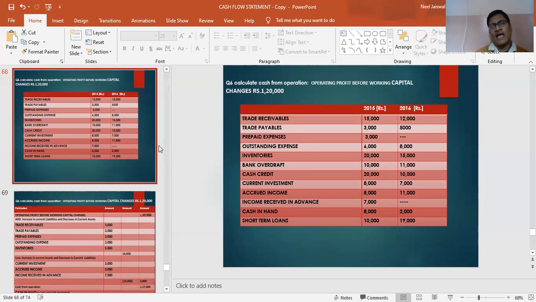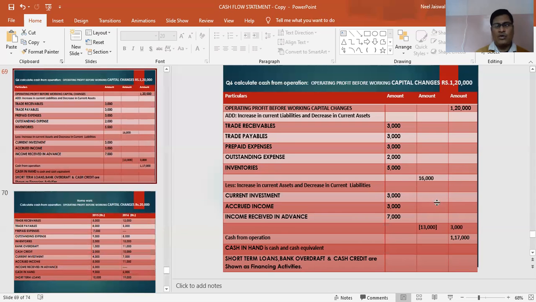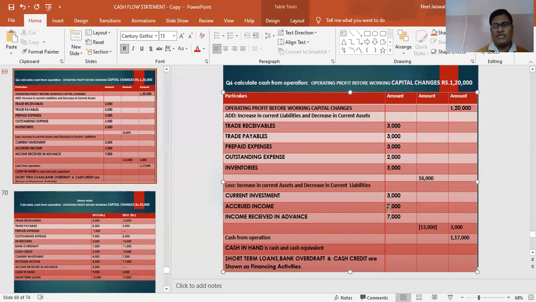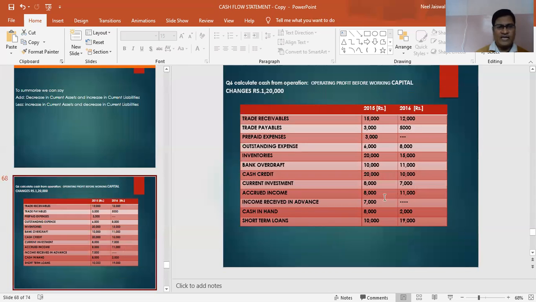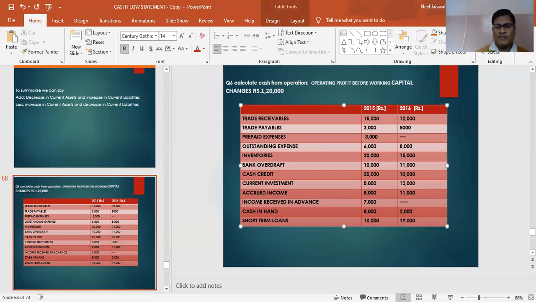Cash and cash equivalent. Accrued income is an asset. An asset when it increases will be subtracted. Accrued income has increased by 3,000, and current investment has increased from 8,000 to 12,000, by 4,000.